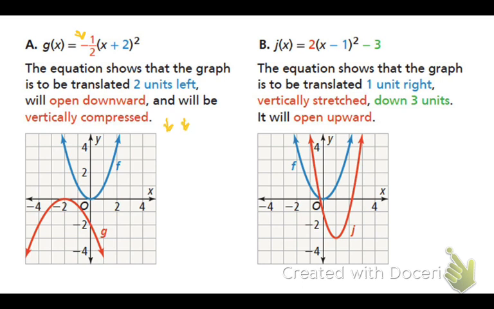The 1/2 tells me it's going to be wider. And where's my vertex? Negative 2. If it's a fraction, it's wider. If it's a whole number, it's narrower.